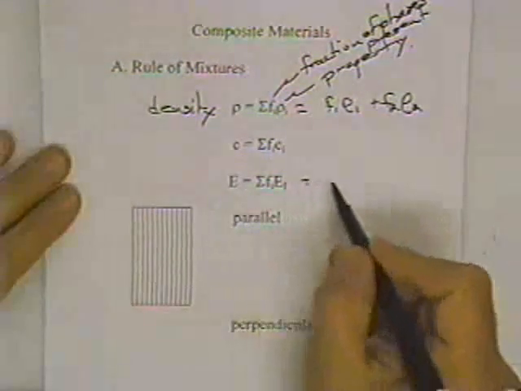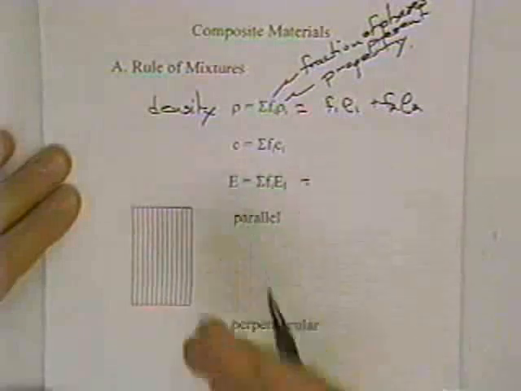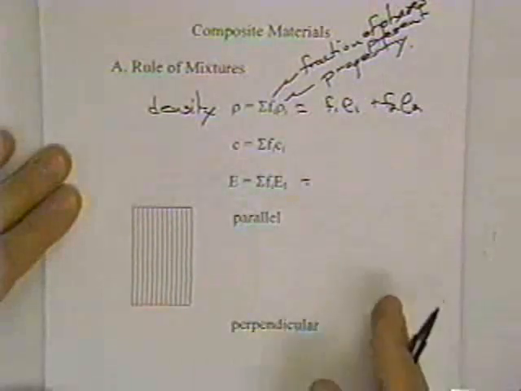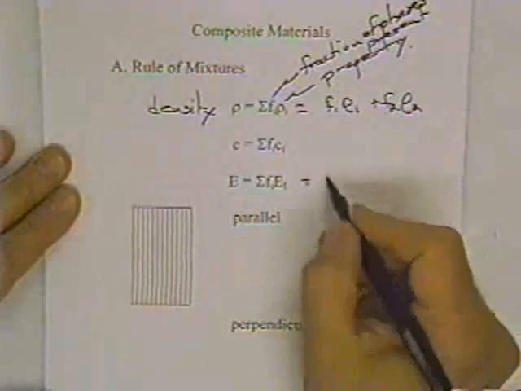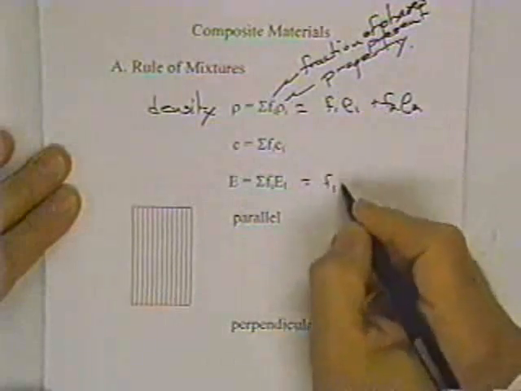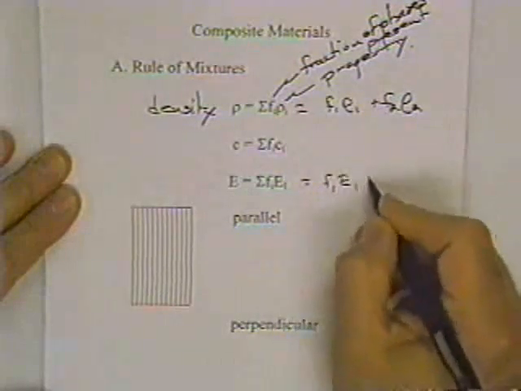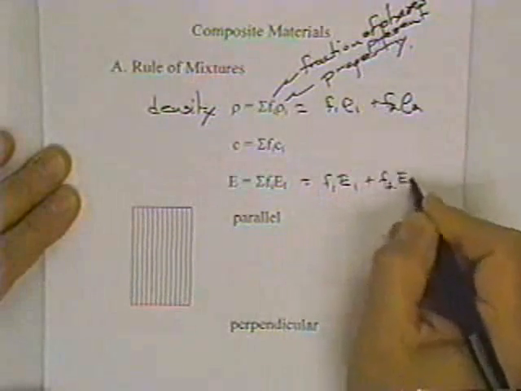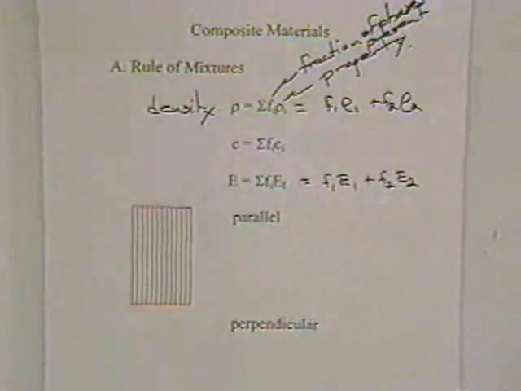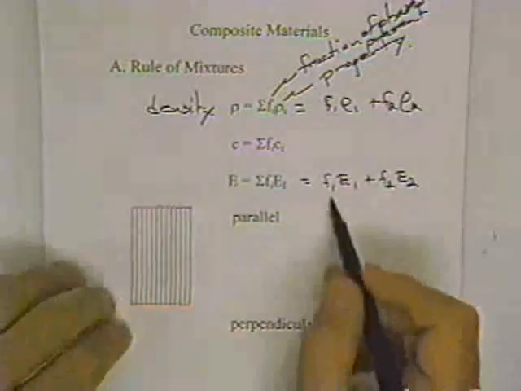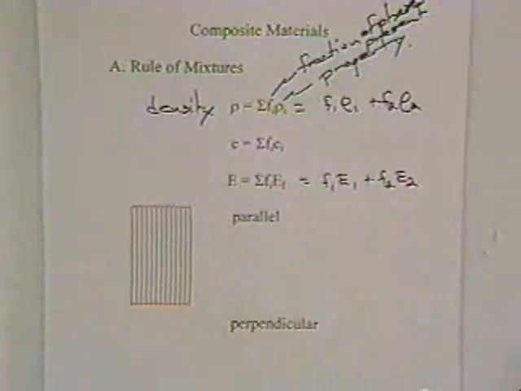If we've got two phases or two components, like graphite epoxy or fiberglass polymer matrix, then it's going to be F1 E1 plus F2 E2. And if the fibers have a higher modulus, you can see why you would want a high volume fraction of fibers in there.